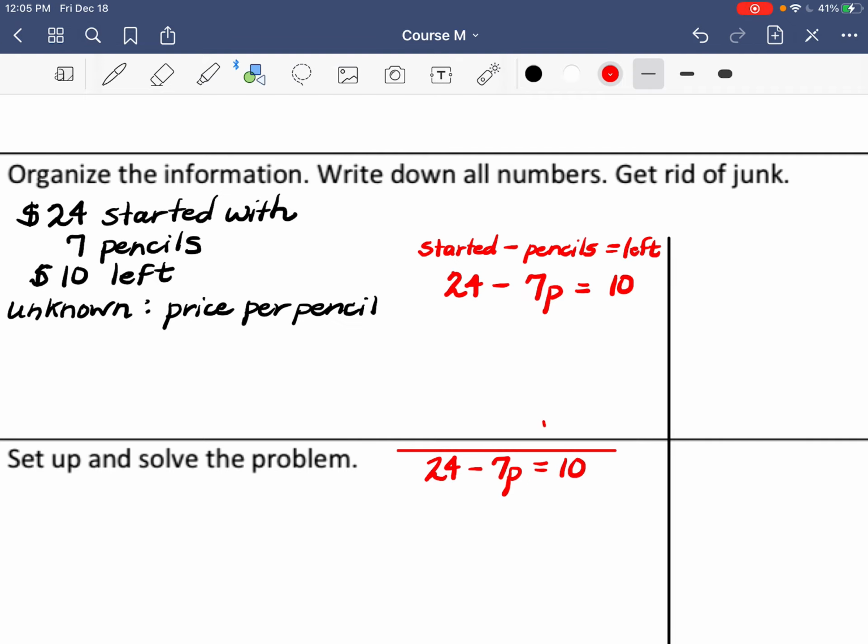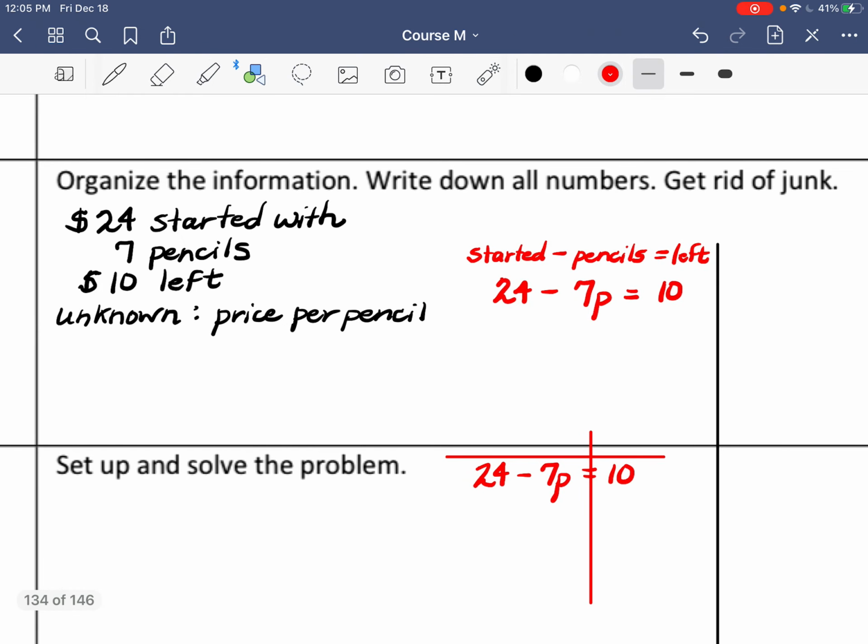Draw the power T. This is set up and solve, the S. So we have the variable on this side, and we have the constant on this side. So we're going to move the 24 and cancel.